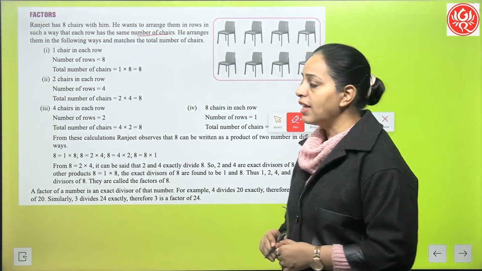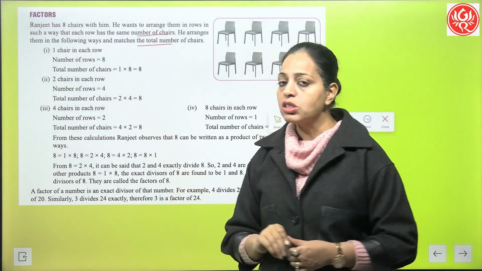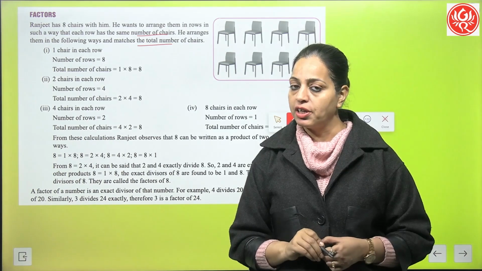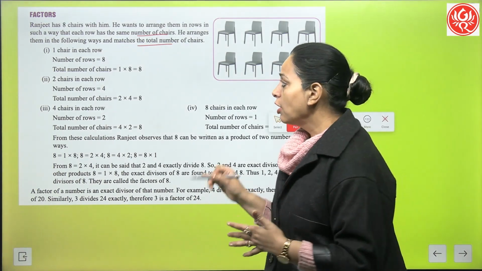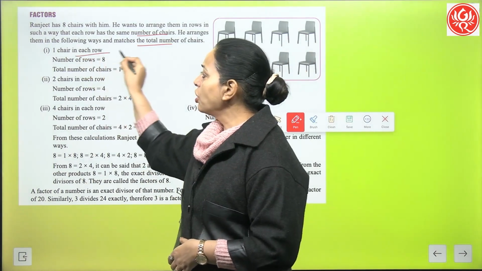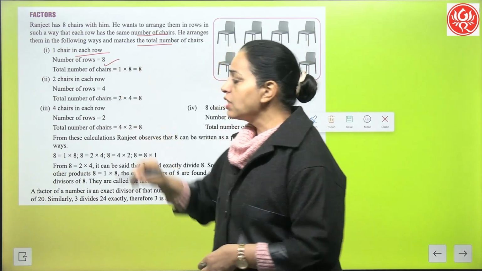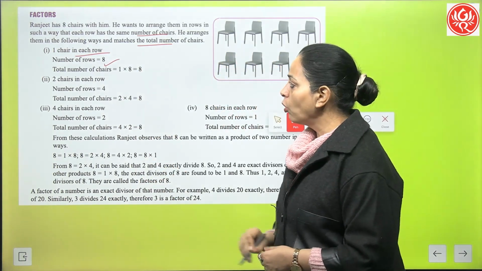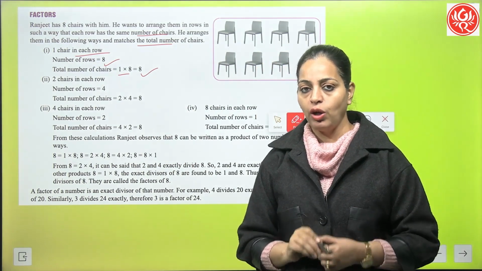He arranges them in the following ways and matches the total number of chairs. 8 chairs हैं, so what he is doing? The first one chair in each row. Then number of rows 8 and total number of chairs 1 into 8, that is equal to 8.